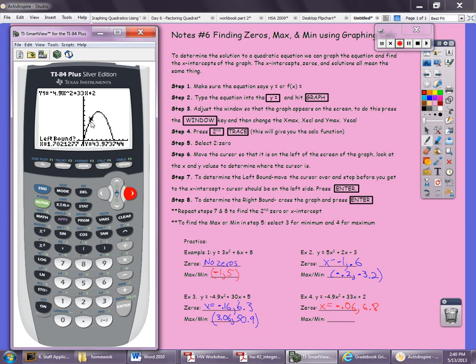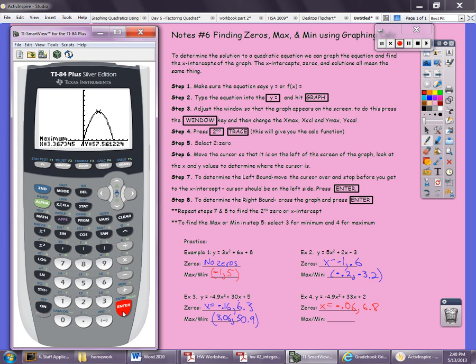I'm on the left side. I hit enter. Now I want to go to the right side, so I scroll over to the right. We hit enter. And enter for guess, and we get the maximum of 3.36 and 57.56.